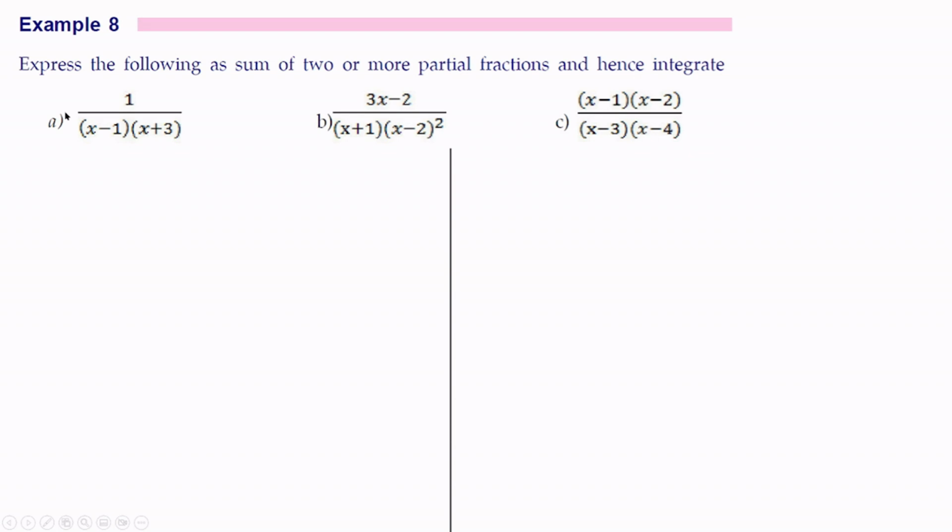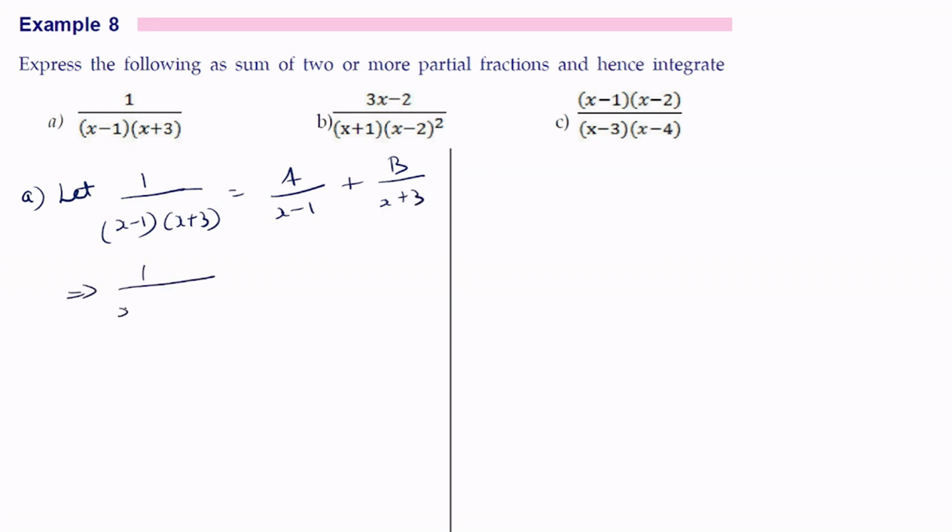Express the following as a sum of two or more partial fractions and hence integrate. So first we have 1/((x - 1)(x + 3)). So let 1/((x - 1)(x + 3)) be A/(x - 1) + B/(x + 3).